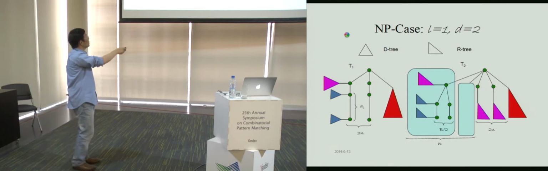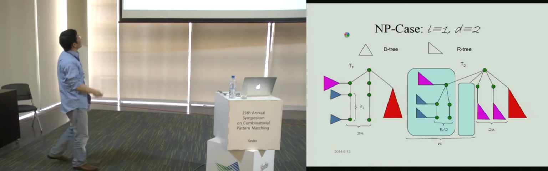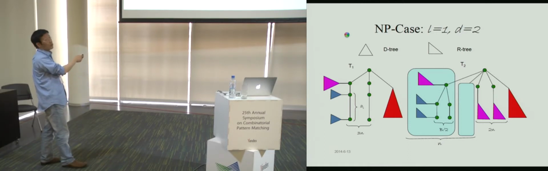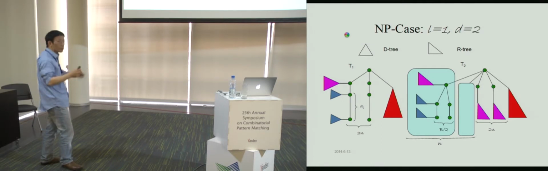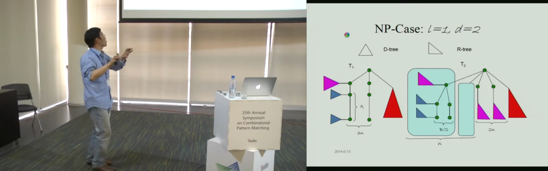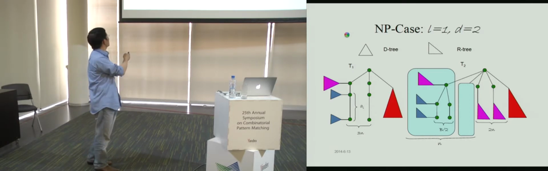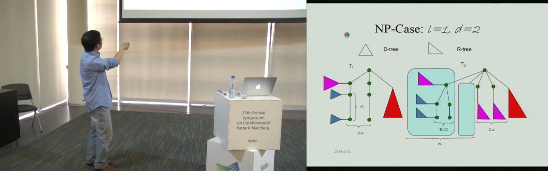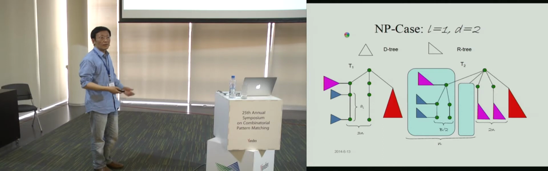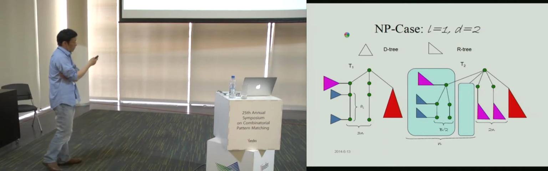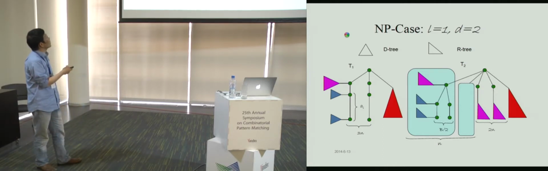If we have a partition, then we move this part here, 3 integers to 1, 3 integers to 1, and the size of them must total b. This is the idea of the reduction.